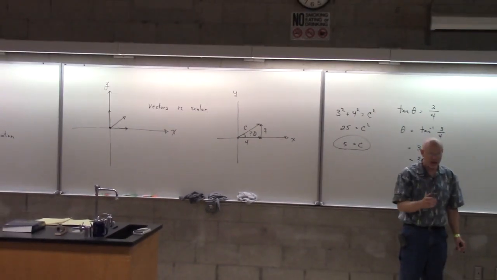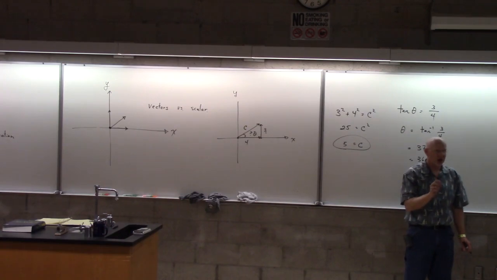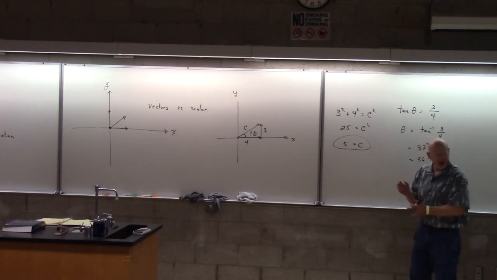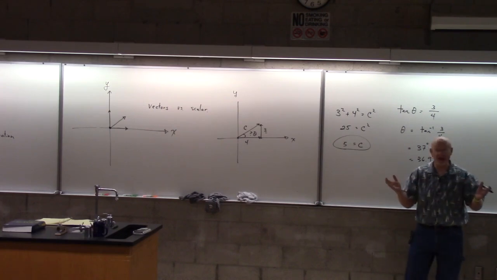Don't I end up in the same place? So this is going to be our goal today. You can think of this as 2 pieces, one along the X and one along the Y, or you can think of it as 1 piece along a diagonal. Aren't they equal to each other?